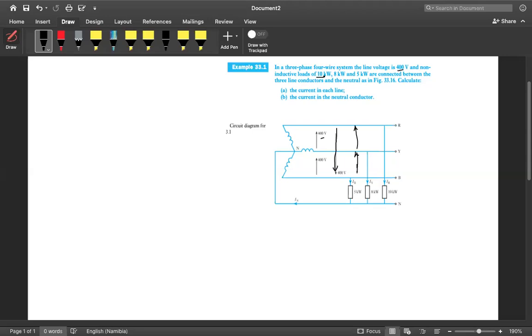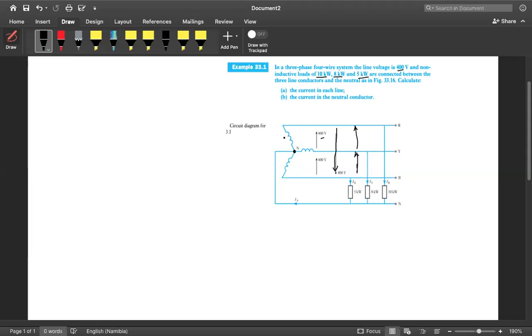The loads are non-inductive, they have no inductance. And if you look at the powers, the power ratings are in kilowatts, meaning that these are pure resistors. They are connected between the 3 line conductors and the neutral. The neutral point is this one, so this is a star connected generator, our supply is a star.